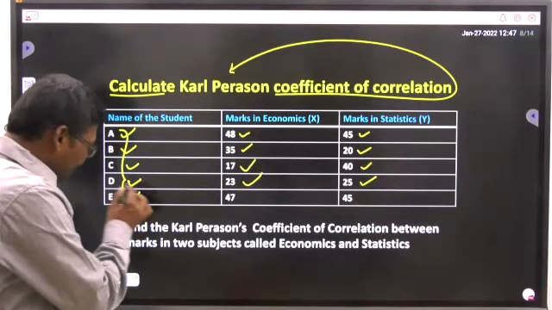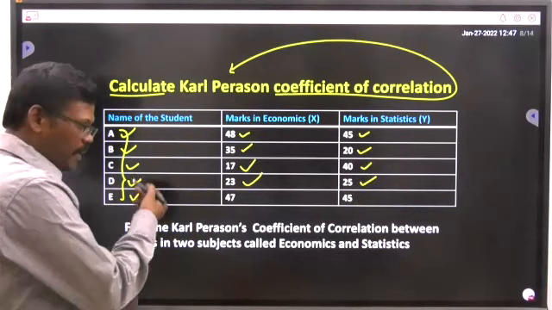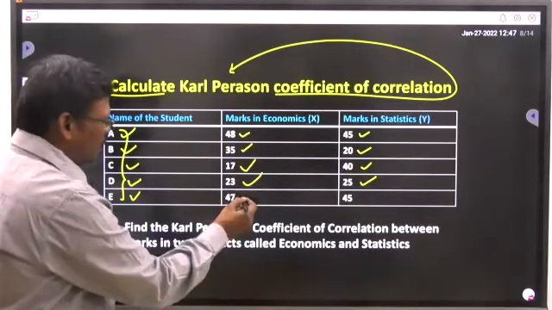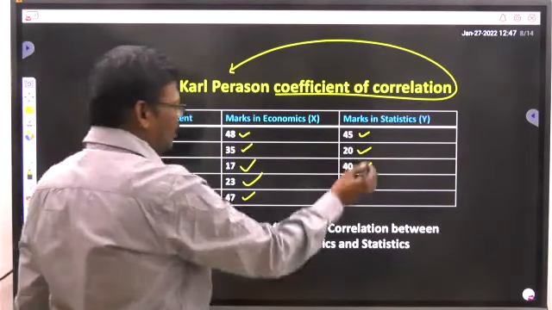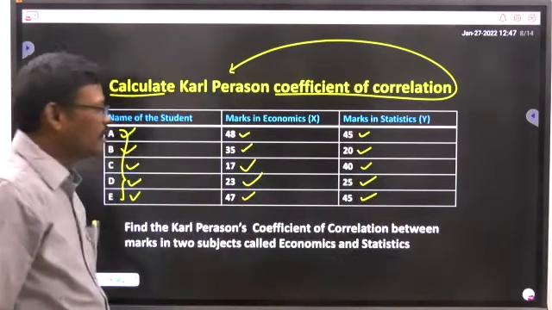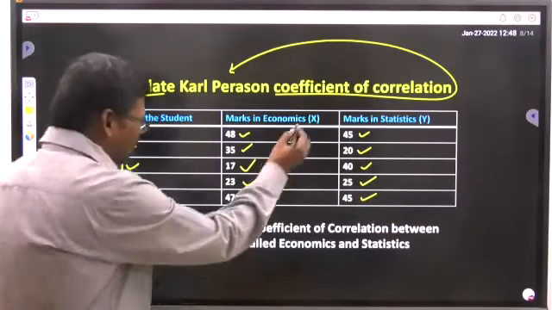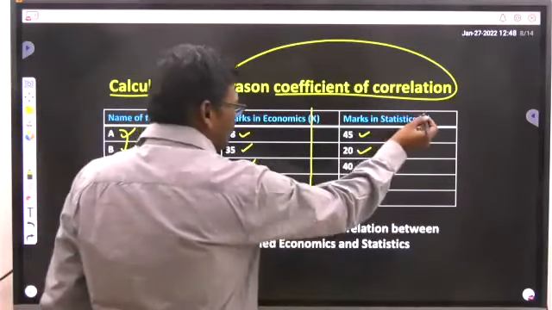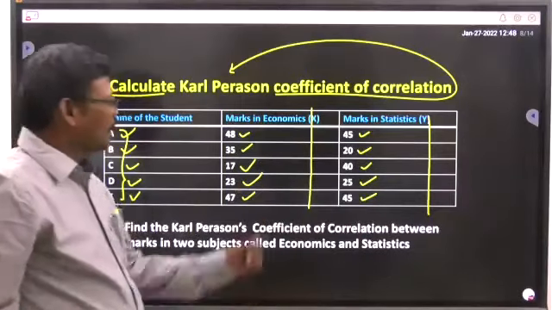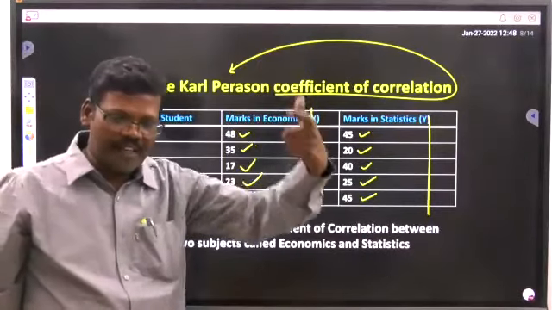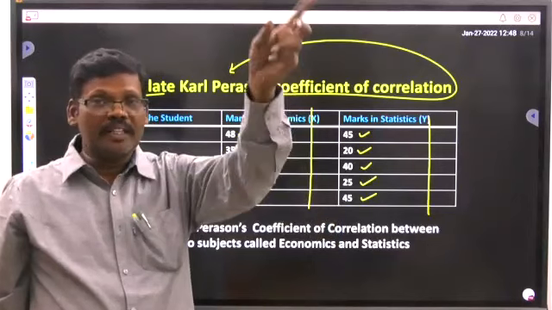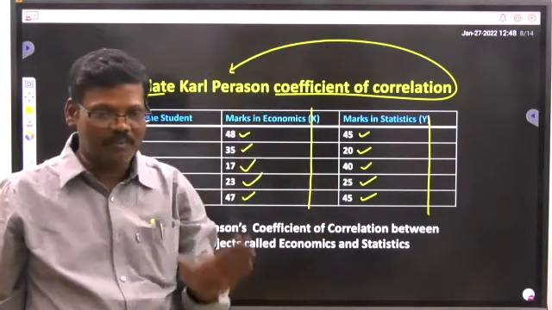And candidate E got 47 marks in economics and 45 marks in statistics. So economics marks are called X variables and statistics marks are called Y variables.